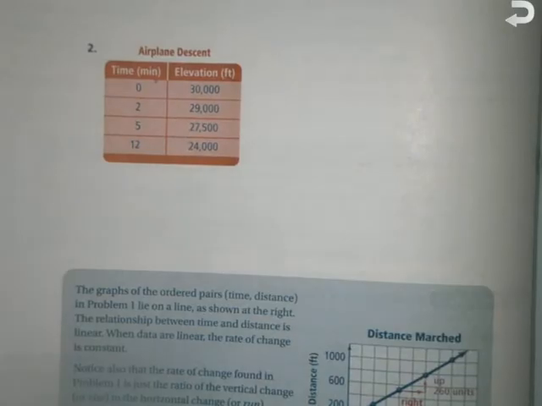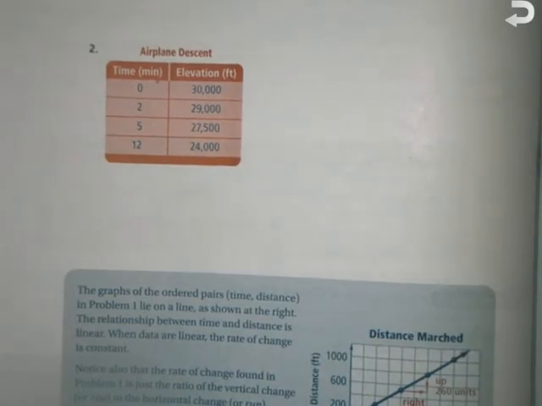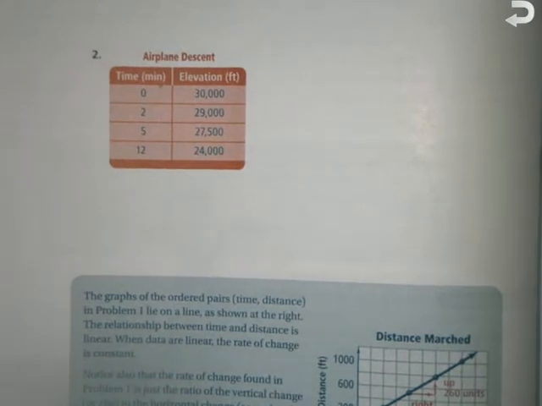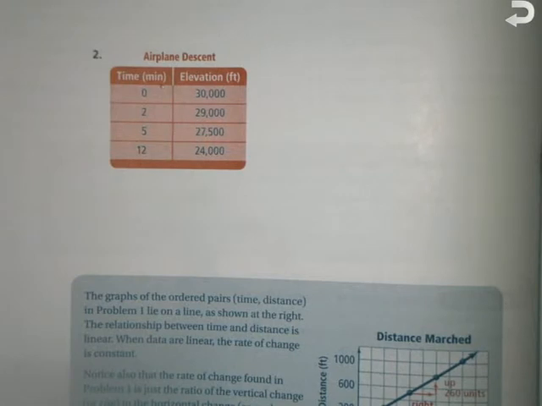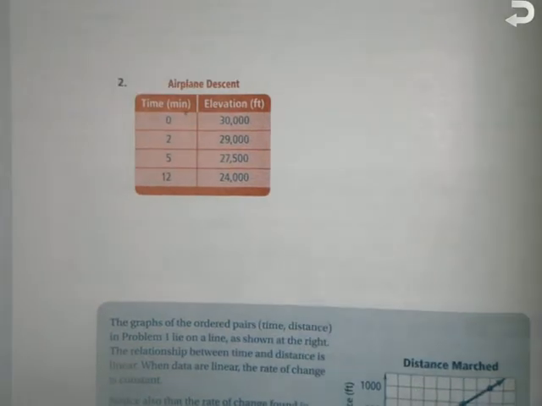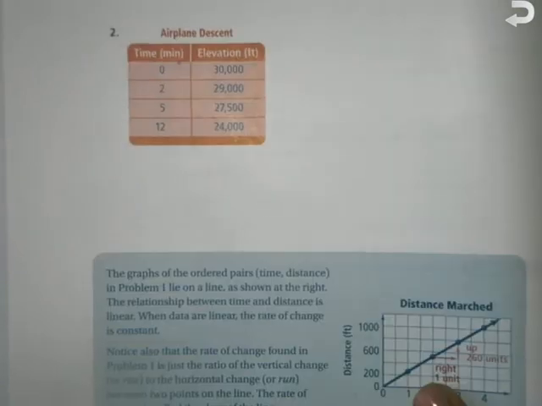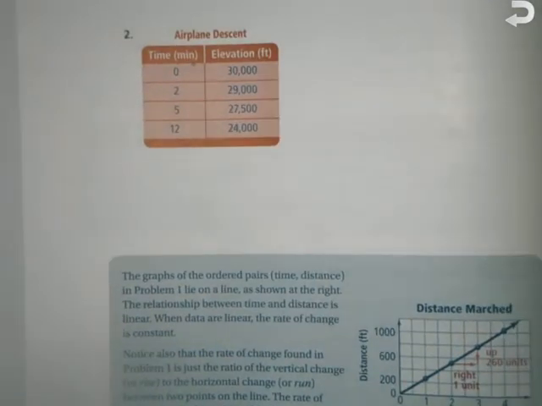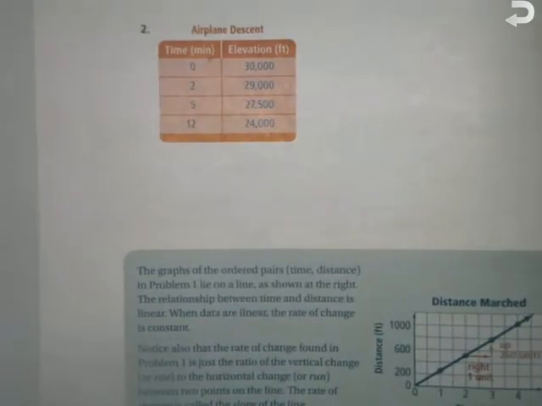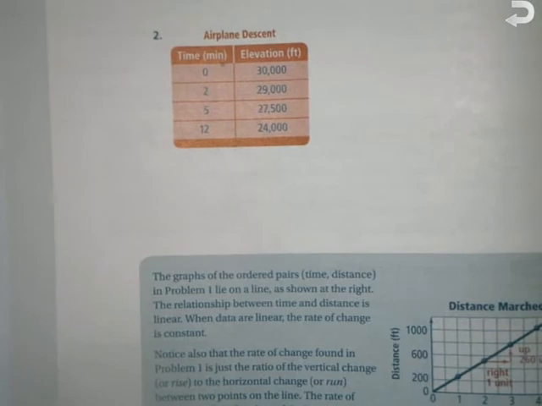Okay, so let's look at rate of change when information is given to you from a table. We are on page 168. We're looking at number 2. So we're skipping number 1 and we're just looking at number 2. In this table, it is giving me the descent of an airplane over a certain amount of time.